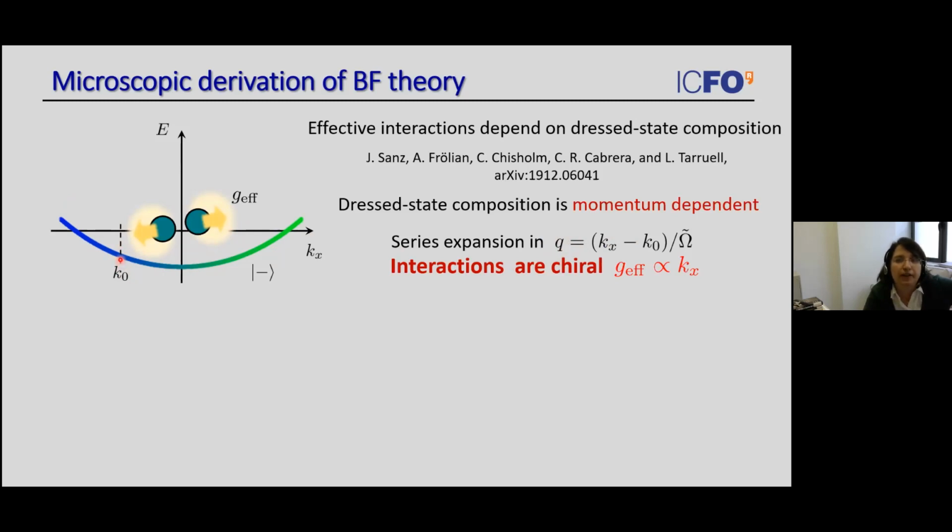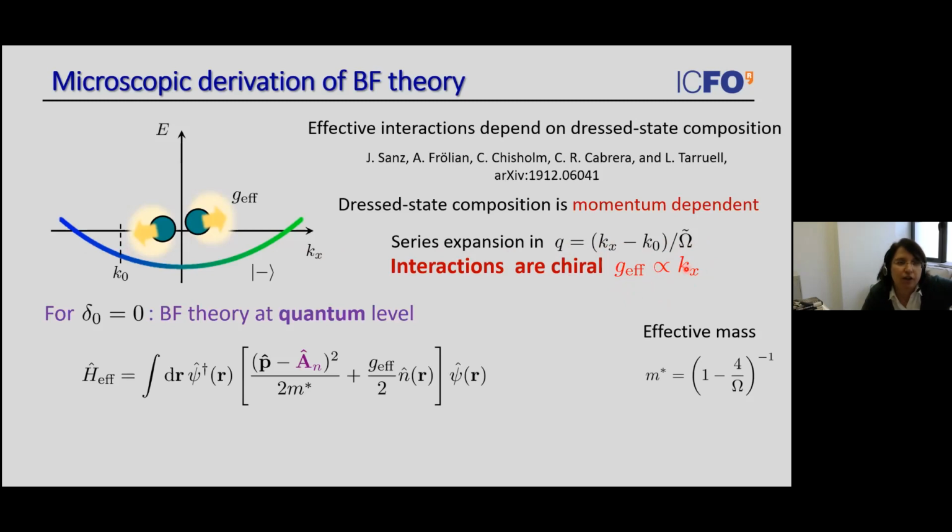This needs to be small in Raman units, basically compared to the Raman momentum and the Rabi frequency. And if you put yourself in the right conditions, this is a small parameter, and then you can show that interactions are chiral. You can restrict yourself to the first term in the series expansion, and you find that the effective interactions of your atoms become proportional to Kx, the momentum along the Raman coupled direction. That's exactly the ingredient that you wanted to make this BF theory.